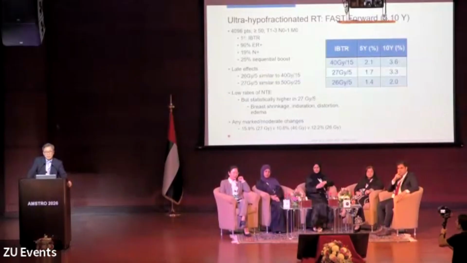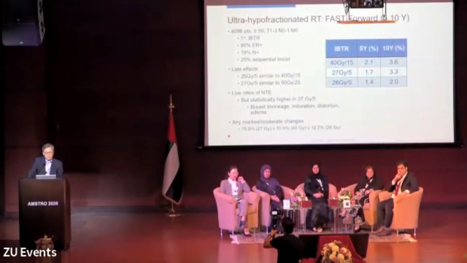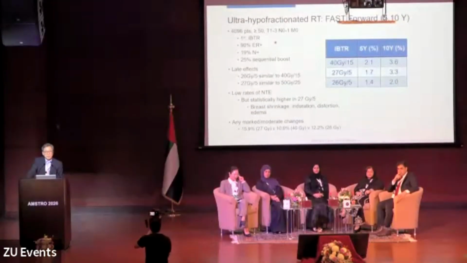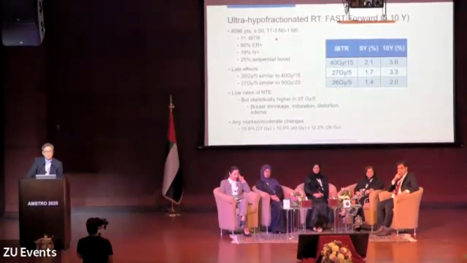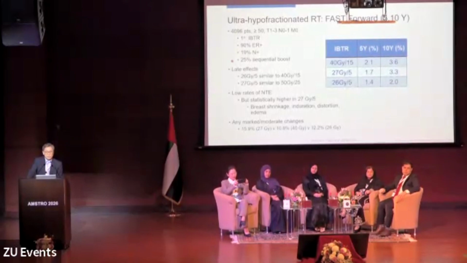And then came the FAST-Forward study. The 5-year was published and the 10-year was presented at last year's ASTRO abstract oral presentation. This included T1 through 3, N0s and 1s. Primary endpoint was in-breast tumor recurrence. Majority of the patients had ER-positive disease. Only about 20 patients had node positive, and 1/4 of the patients had a sequential boost.